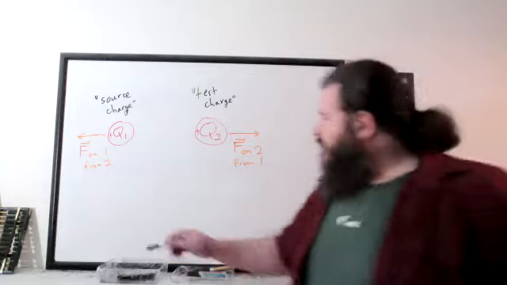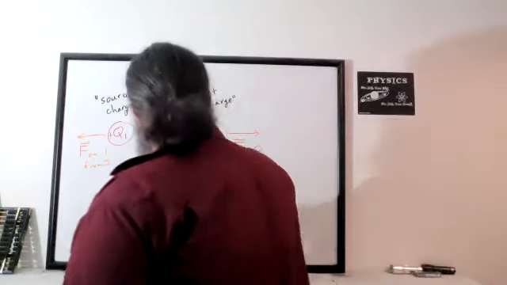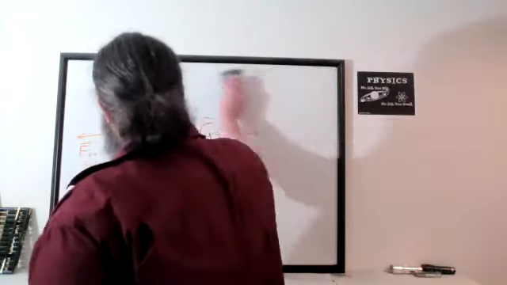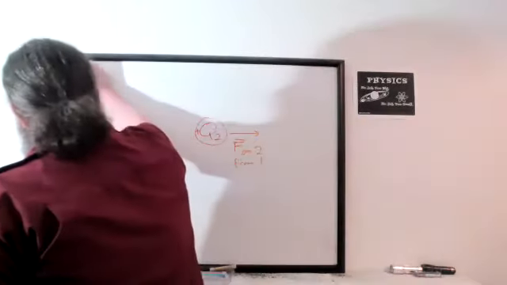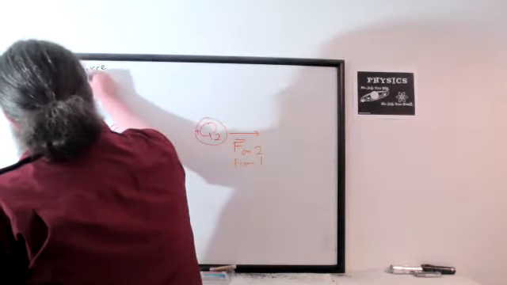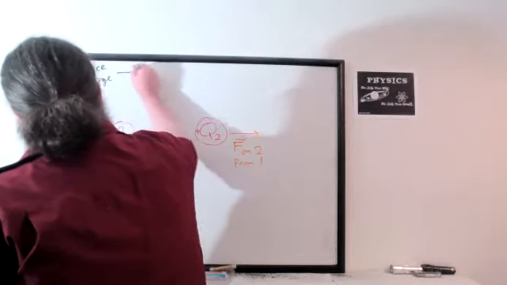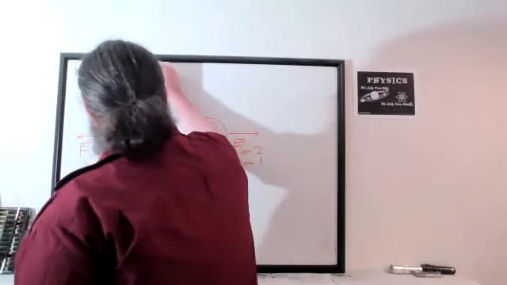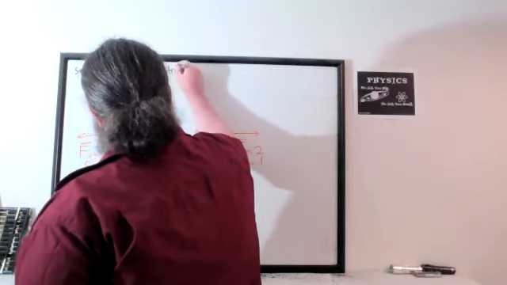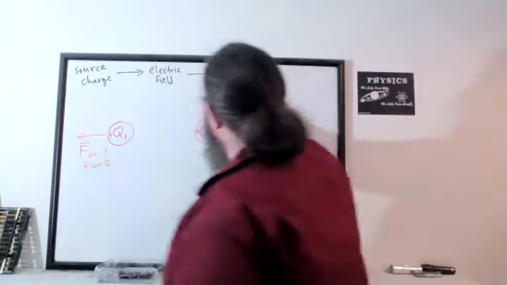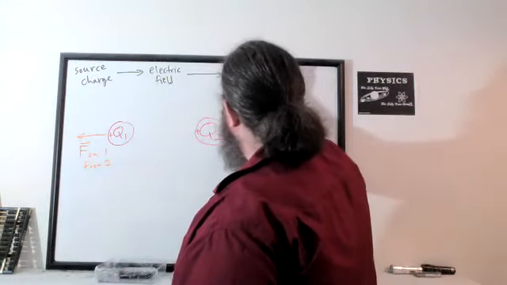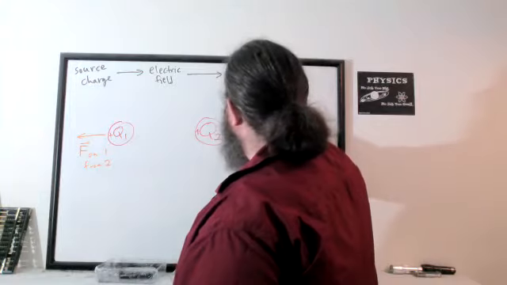So the general approach is we're going to say the source charge creates an electric field, this idea of influence in the space around it. The source charge creates an electric field. And that electric field exerts a force on the test charge.